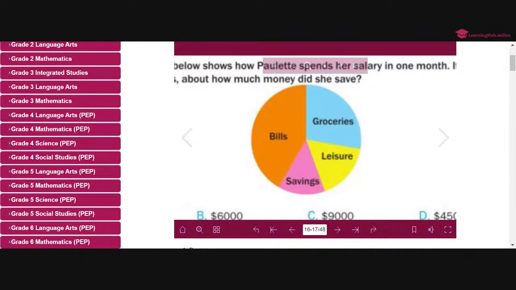Now, let me show you something. If $9,000 was spent on groceries, look at savings. Savings looks like half of groceries. So that means 9,000 was spent on groceries and savings looks like a half. That means 4,500 was spent on savings.